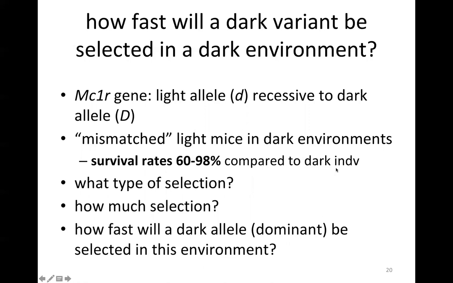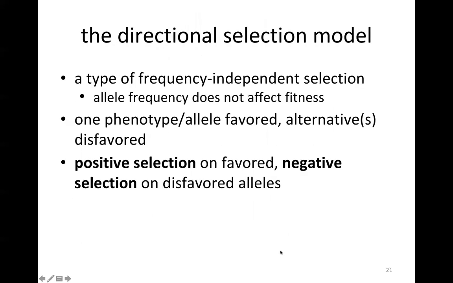So they survive worse, which means dark individuals survive better. Given this, we'll discuss what kind of selection is happening, how much, and how fast selection will work.